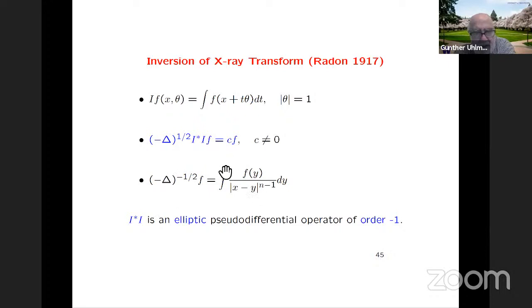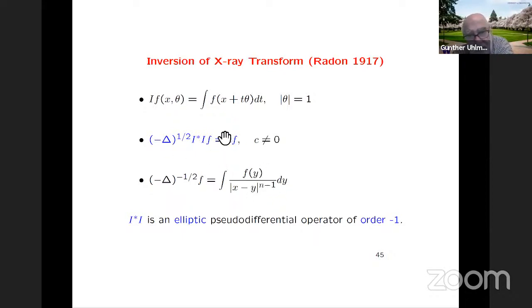The inverse Laplacian, you saw probably this in the lectures by Tuhin, is a singular integral operator that can be written as a convolution. In fact, I star I is an elliptic pseudo-differential operator of order -1, for the people who know these words.